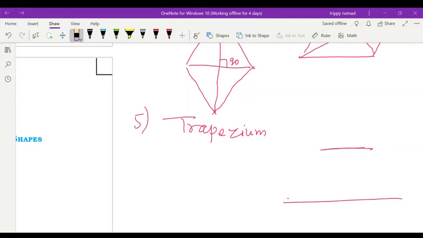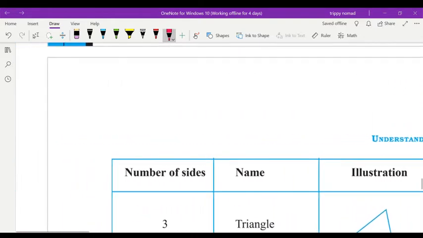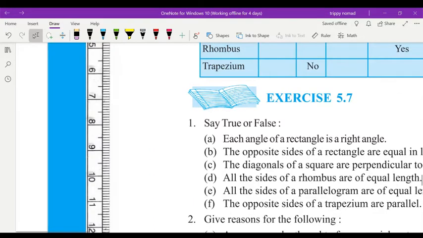One pair of opposite sides only are not equal but parallel. These two sides are parallel but not equal. That is called a trapezium. So on the basis of these definitions, you have to give the answers of exercise 5.7.